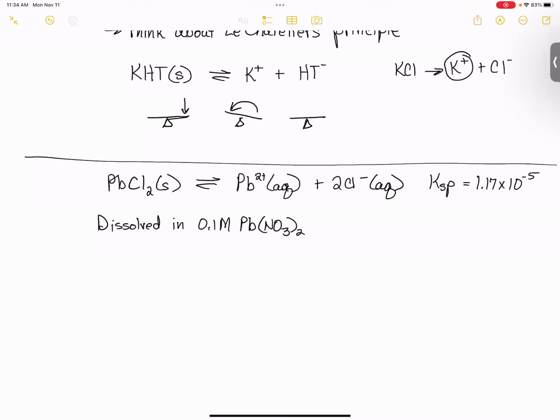Lead nitrate, according to our solubility rules, is a soluble salt because most nitrates are. So lead nitrate is going to dissociate entirely into lead ion and nitrate ion.